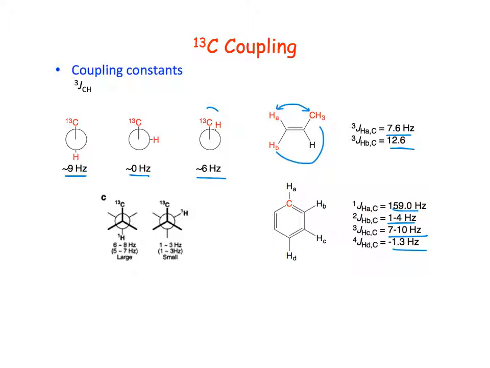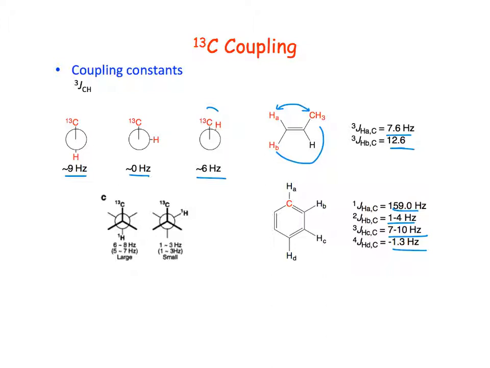And so these differences in coupling constants are what can be taken advantage of if you want to do 2-dimensional heteronuclear experiments. You want to look at couplings between carbons and protons, and you want to optimize for a certain number of bonds.